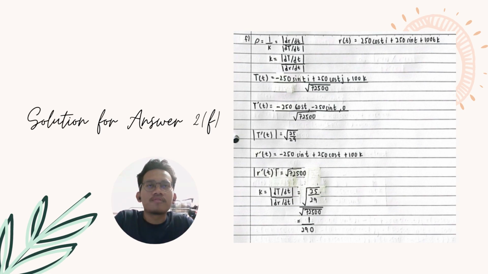The first derivative of r(t) is negative 250 sin t plus 250 cos t plus 100k. The magnitude of the first derivative of r(t) is the square root of 72,500, and then we substitute into the formula the square root of 25 over 29 over the square root of 72,500. We will get 1 over 290. Thank you.